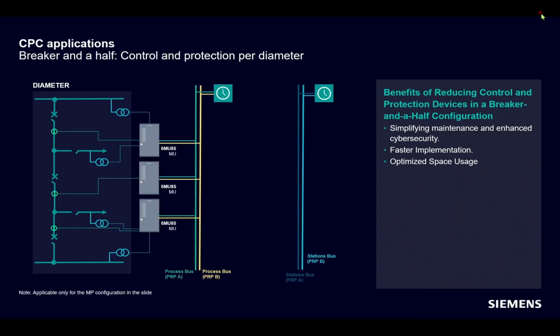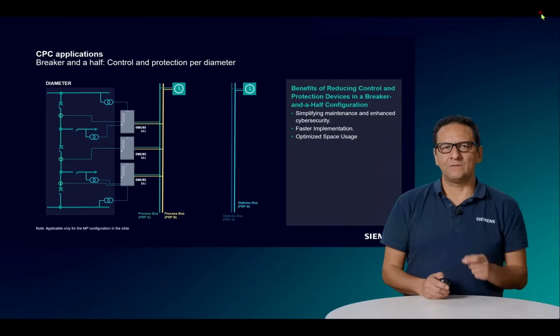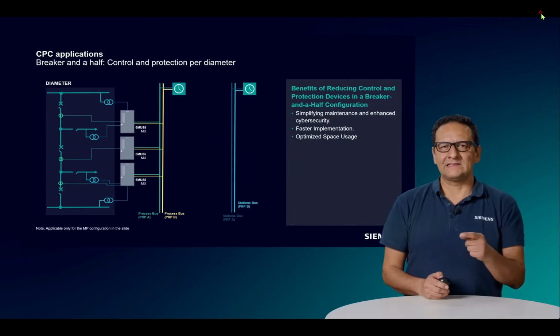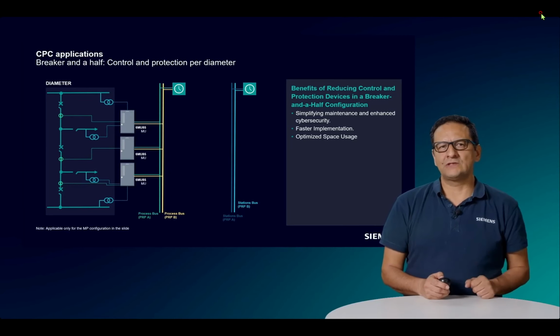Now let's look at how the CPC solution improves the control and protection system and what benefits it brings. Simplified maintenance with fewer devices: there is less work for maintenance, testing, and calibration. It also reduces the effort needed for firmware updates and patching.